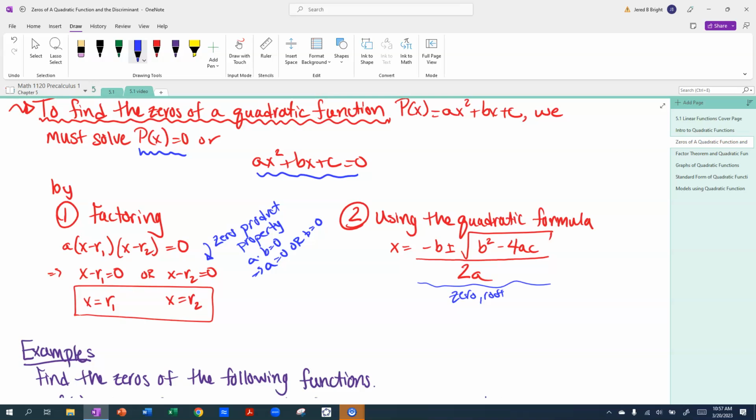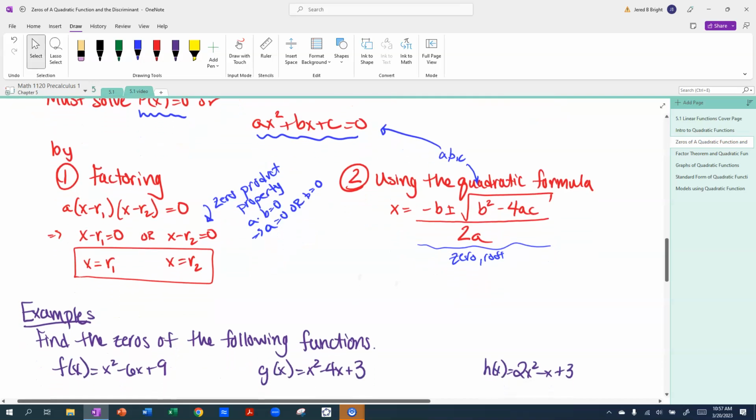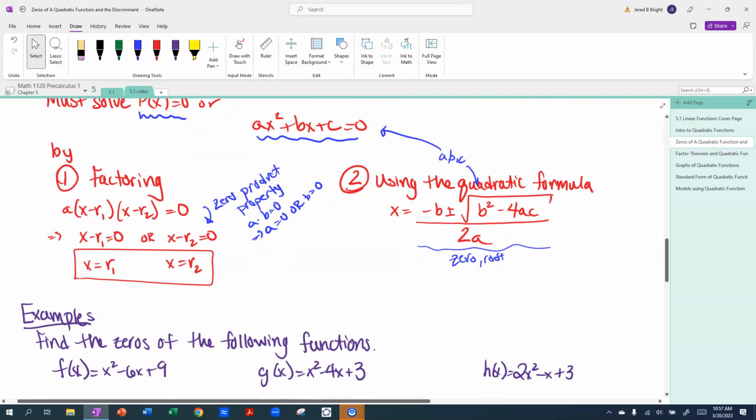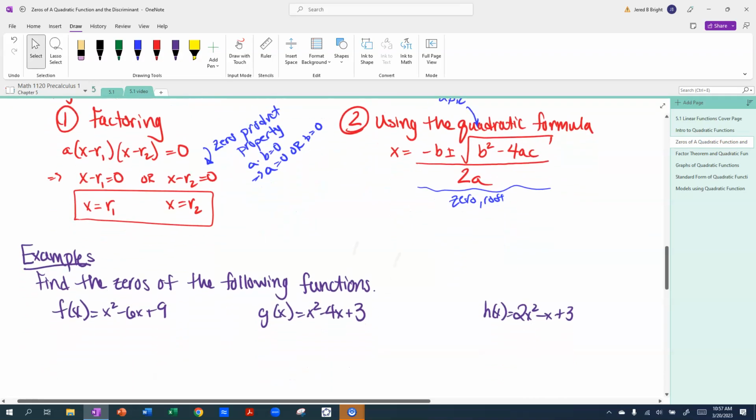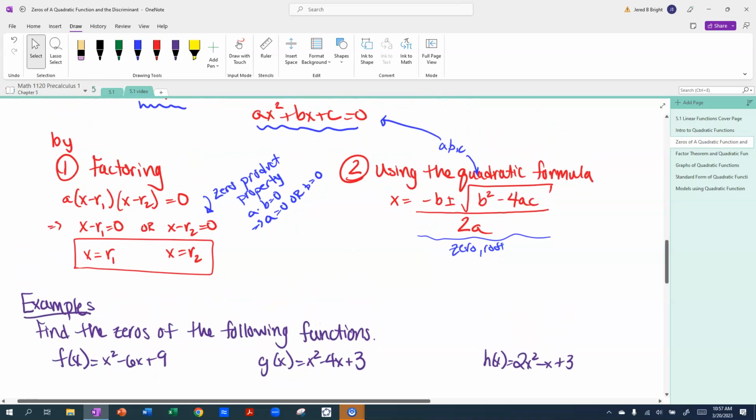Those all come from the a, b, and c of your quadratic equation. Either route works, but you have to be ready to do either one, and one route might be easier or more difficult than the other. Generally, the quadratic formula takes me more time, so I try to factor if I can. If factoring fails, then I go to the quadratic formula.